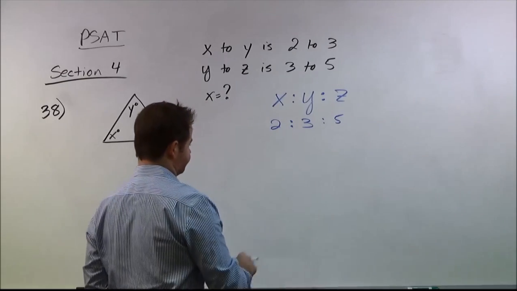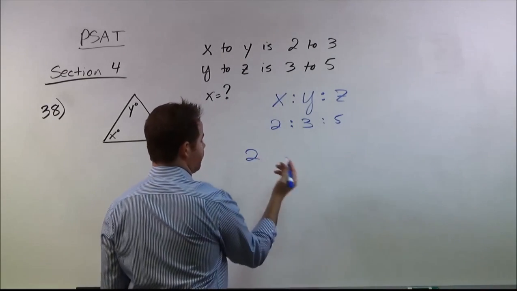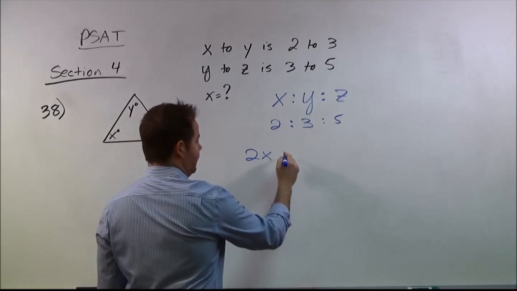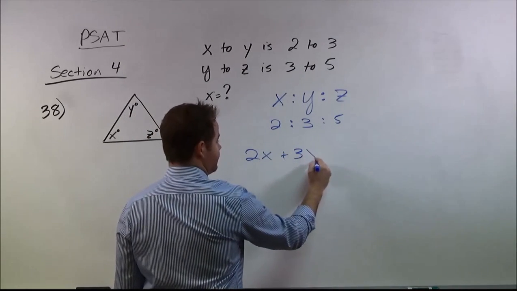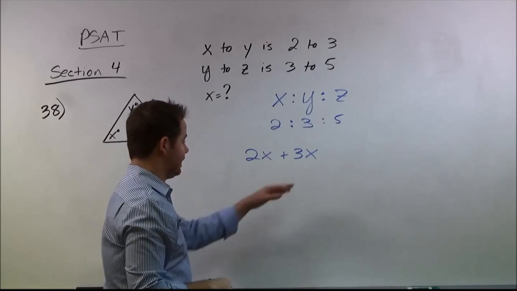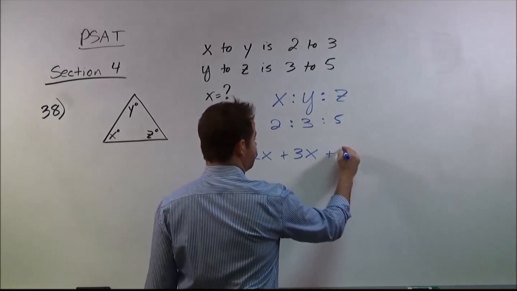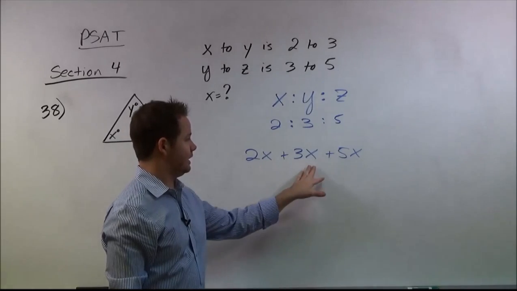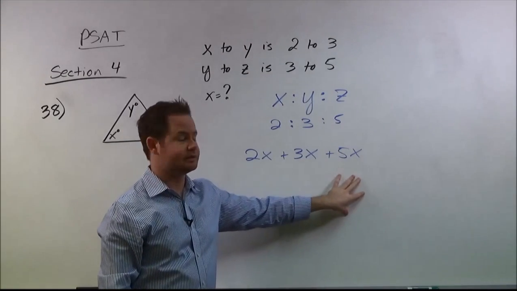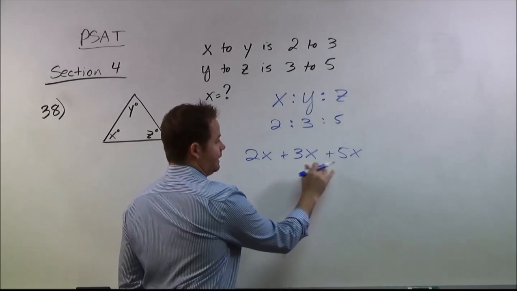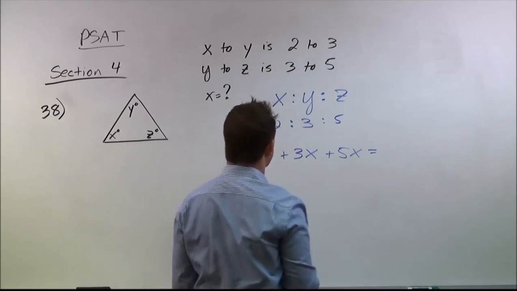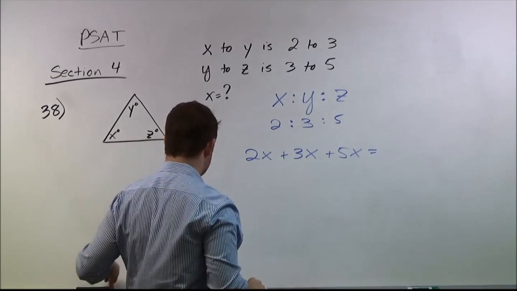So here, we have 2 times something we don't know, and 3 times that same thing, and 5 times that same thing again. When we add those up, we want to know what value gets us up to our total.